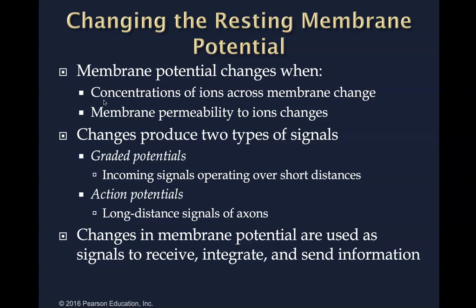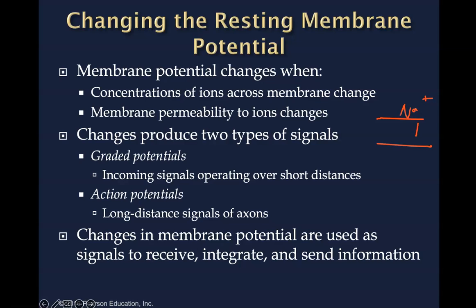Now remember when we talked about our resting membrane potential, we had established a concentration gradient of lots of sodium on the outside here of the membrane. Sorry about my horrible handwriting here.